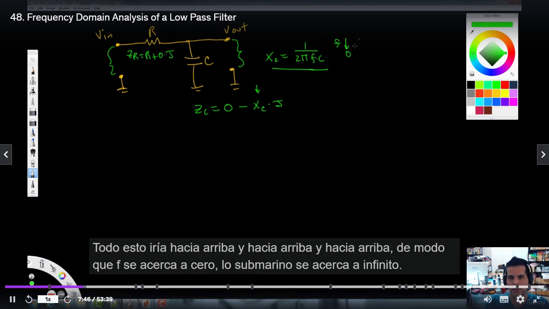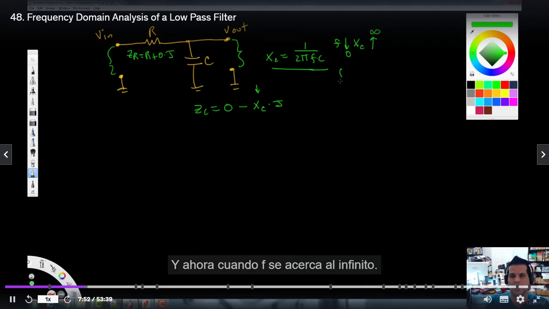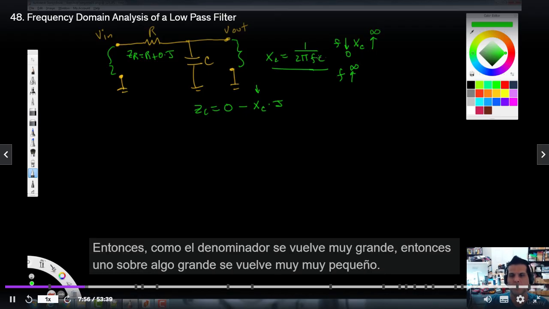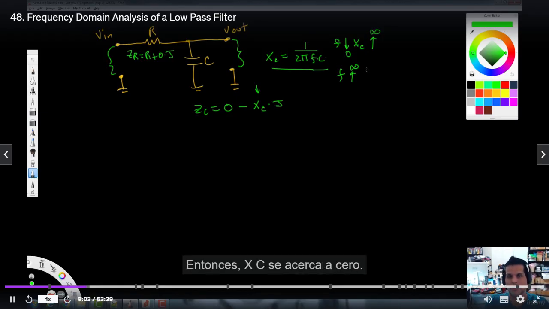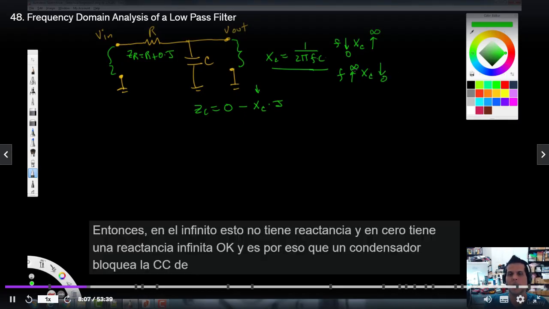So as F approaches 0, X sub C approaches infinity. And as F approaches infinity, the denominator gets very, very large, and 1 over something large gets very, very small. So X sub C approaches 0. At infinity, this has no reactance, and at 0, it has infinite reactance.